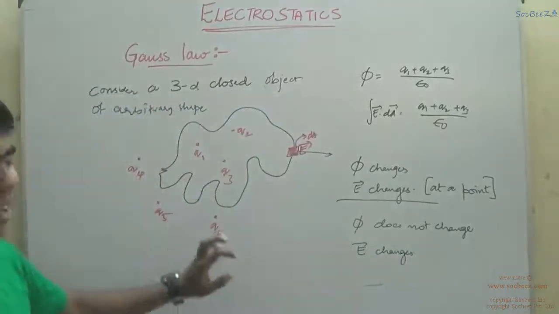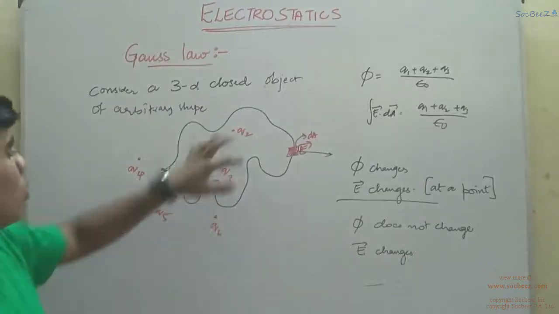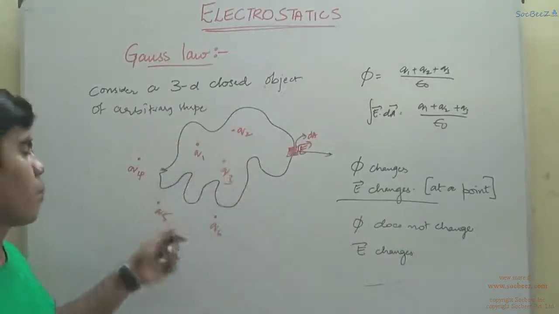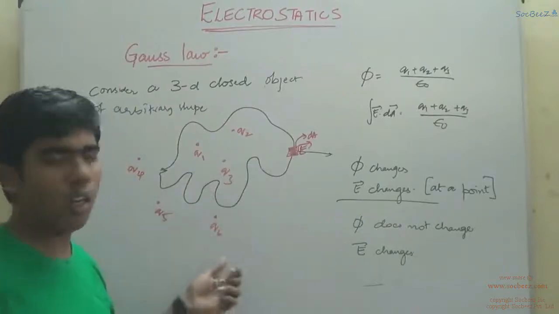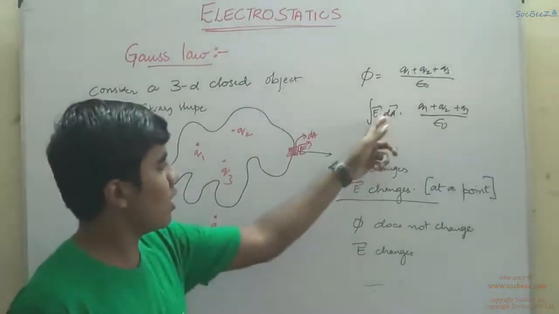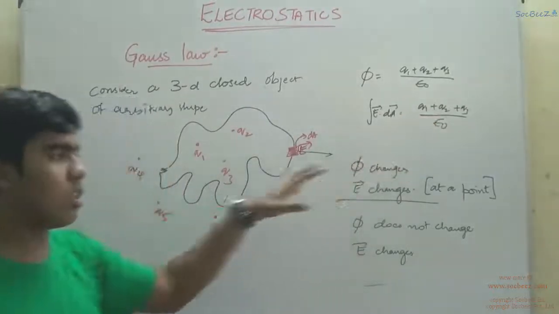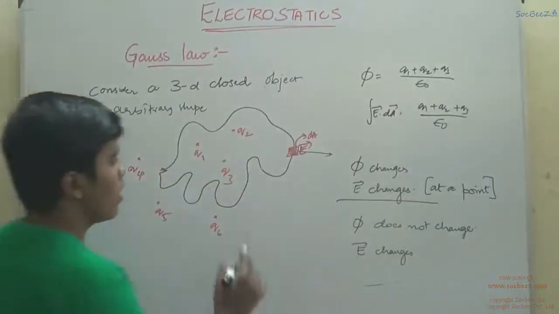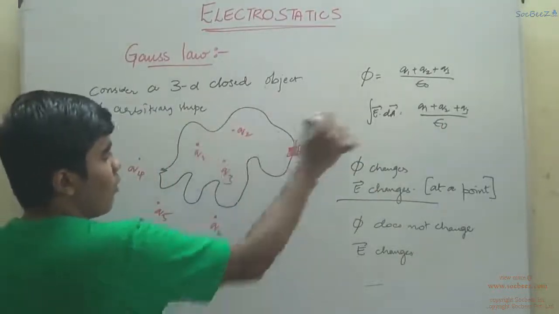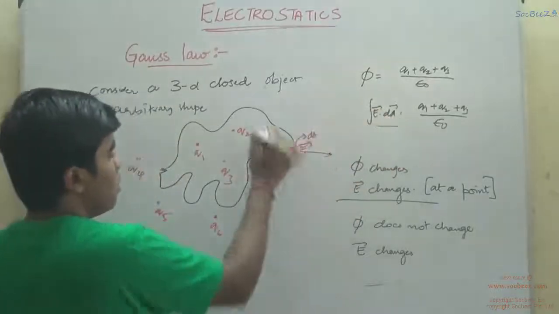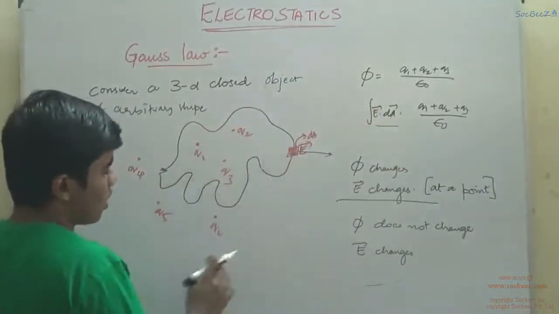Why? Because the electric field is due to the net effect of all the charges. Since there is a new charge present here, the electric field also changes accordingly, but still the surface integral would remain the same. So this is a point of confusion which we should avoid: flux depends only on the charge enclosed, but the electric field which we use while calculating the flux is due to all the charges.